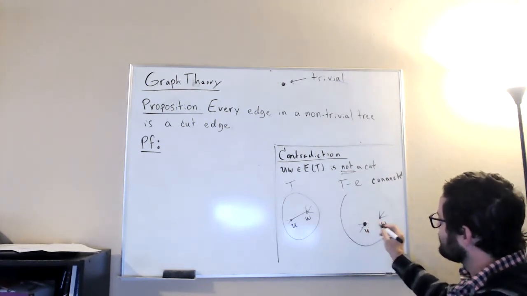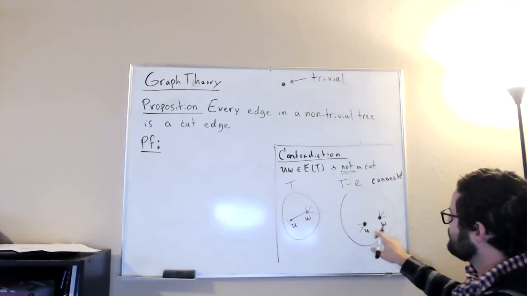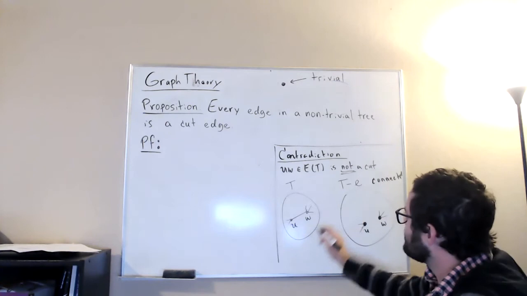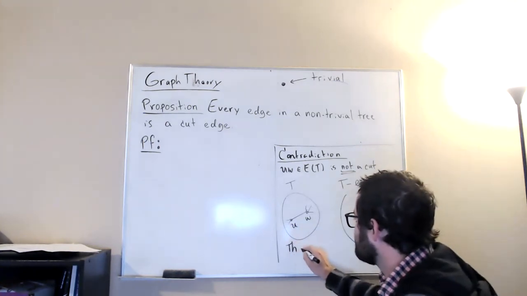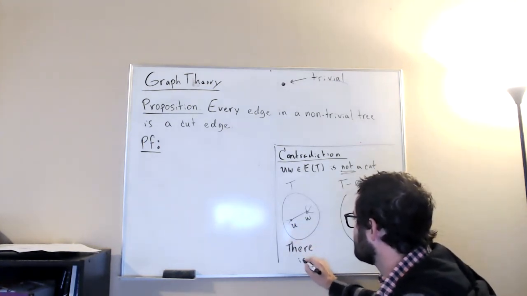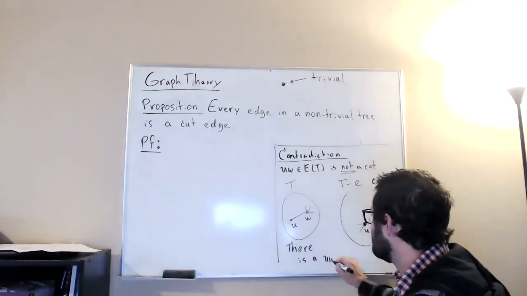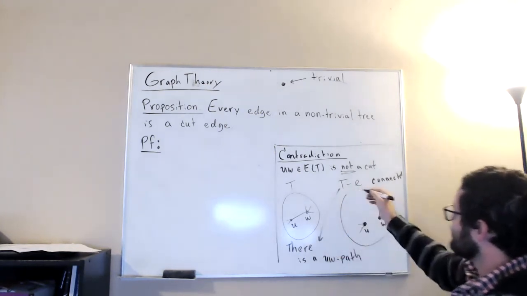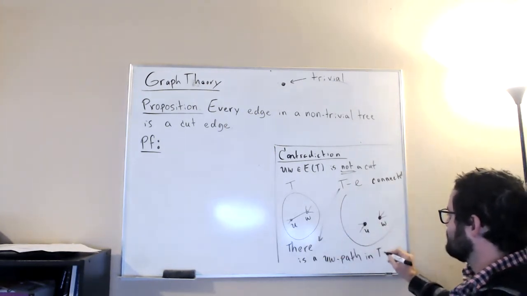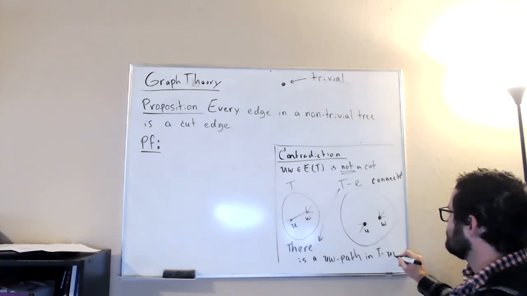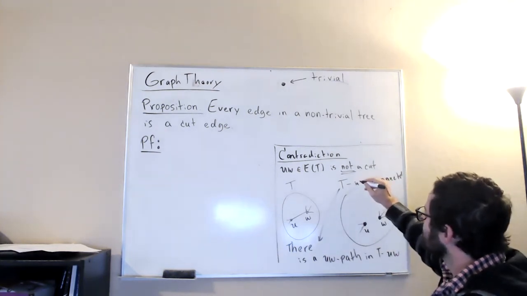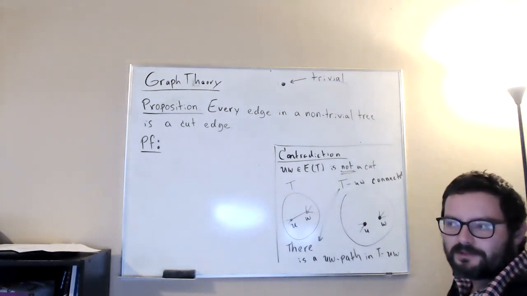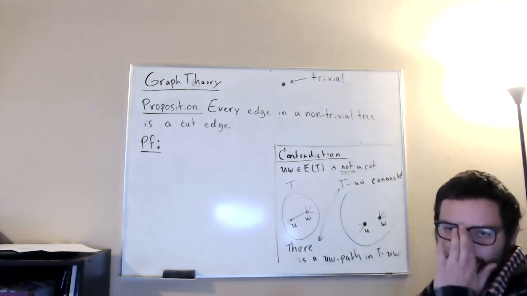But in particular, if T minus E is still connected, there is a UW path in T minus UW. Because if it's connected, then there's a path between any two vertices in the graph.